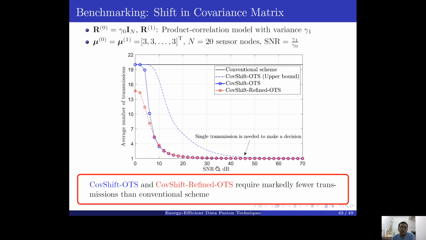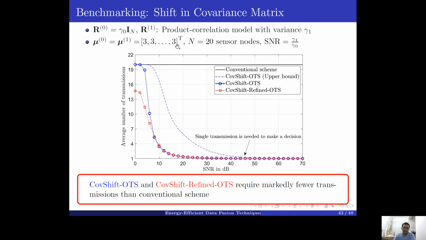Now let's try to see the benefits of the ordered transmission scheme. We consider the shift in covariance matrix case, where the measurements are IID with variance gamma naught under hypothesis 0, and under hypothesis 1, the measurements follow the product correlation model with variance gamma 1.